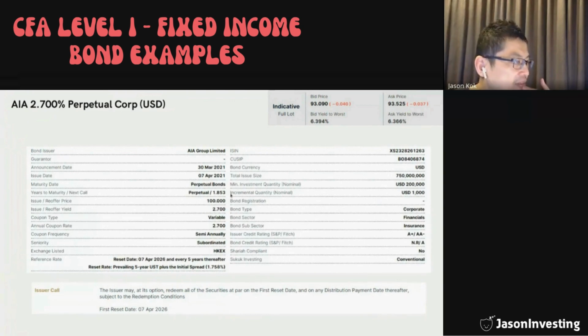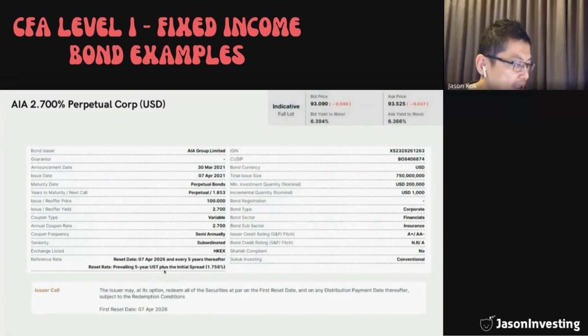Okay, so what happened is this perpetual bond is initially fixed at 2.7%, but after 2026 it's going to be a floating rate bond. The floating rate is based on the 5-year US Treasury bond plus an initial spread. Remember, I was telling you there's a spread of 1.758%.